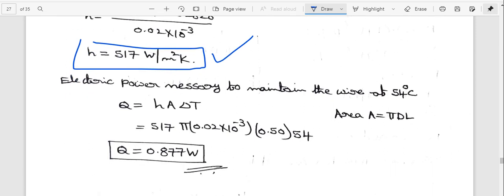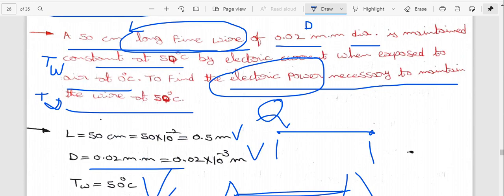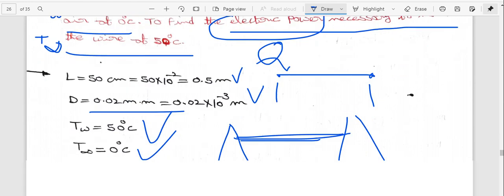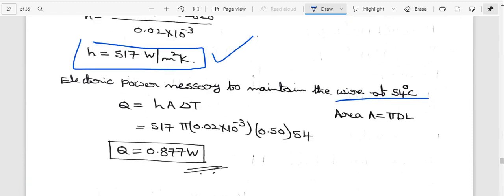The electric power necessary to maintain the wire at 54 degrees centigrade: the electric power Q is equal to h A delta T. The wire is also considered a cylindrical object, that's why the surface area is pi d L. So pi into diameter into length into delta T, where delta T is 54 minus 0 degrees.